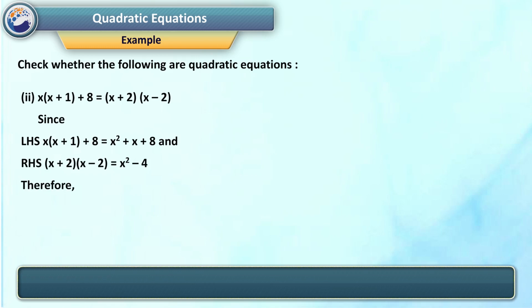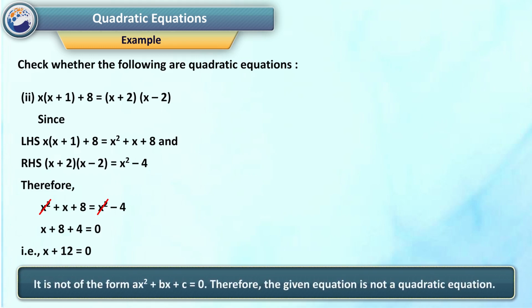Therefore, x² + x + 8 = x² - 4. That is, x + 12 = 0. It is not of the form ax² + bx + c = 0. Therefore, the given equation is not a quadratic equation.